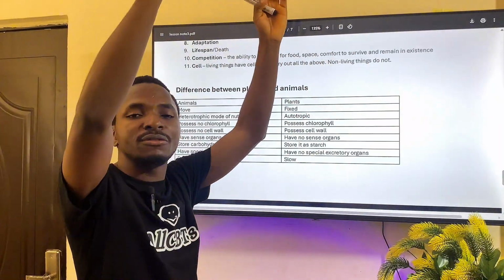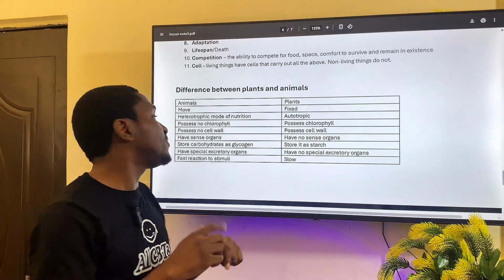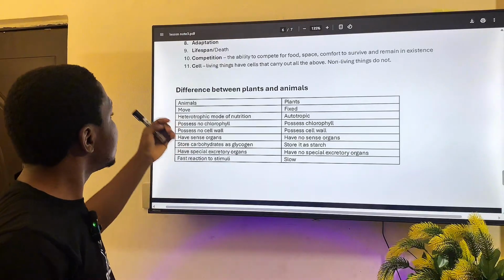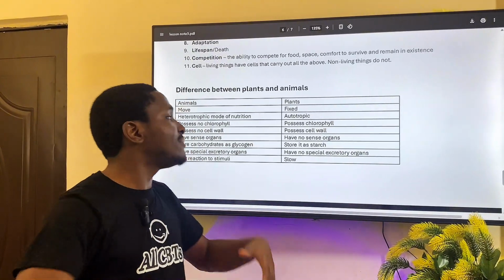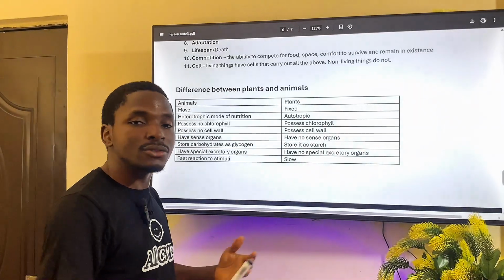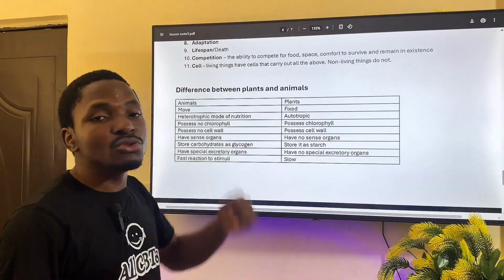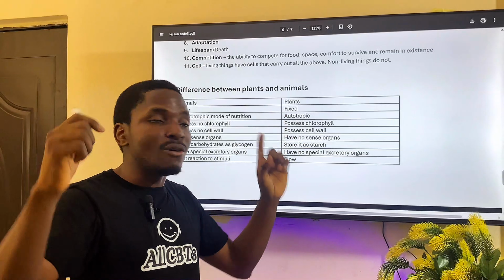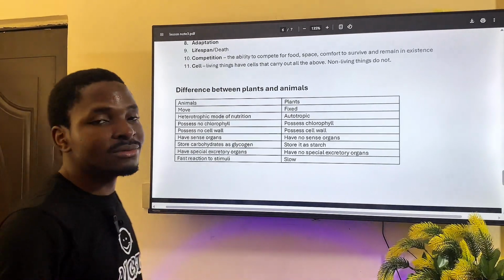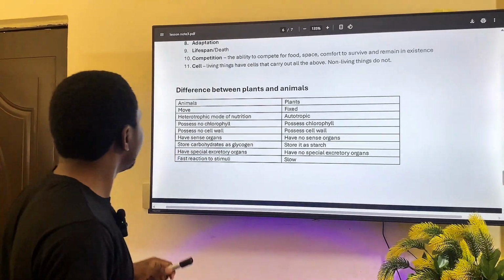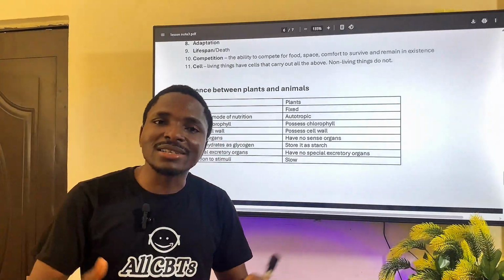They can only move upwards, as I said before. Animals possess a heterotrophic mode of nutrition, meaning they don't produce their food, they have to depend on plants for survival. Plants produce their own food through photosynthesis. Animals have no cell wall. Plants possess a cell wall. Animals have sense organs.